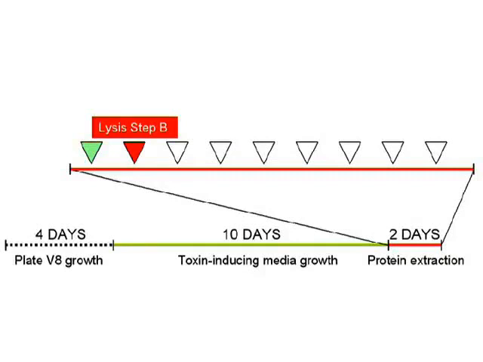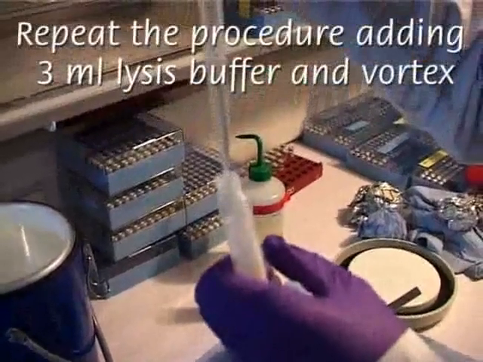The pellet is then used for performing a second lysis step, repeating the vortexing, boiling and centrifugation.